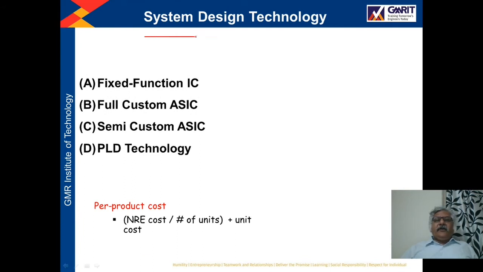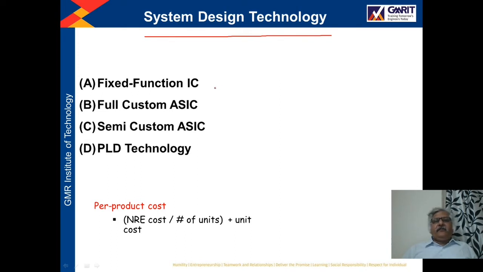Now, system design technology. When an engineer is developing a certain technology or a certain product, he has four different design technologies which he can use for the development of the product.